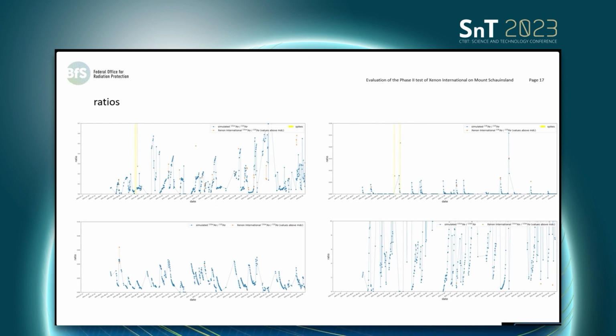So this explains why sometimes the measurements are above the simulated ratios, but for all the other combinations of ratios, the simulation works very well.